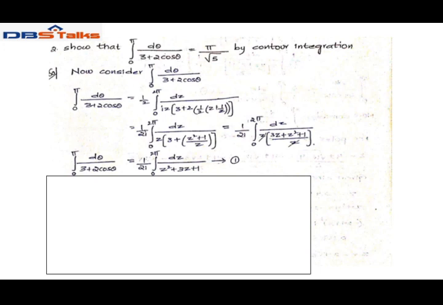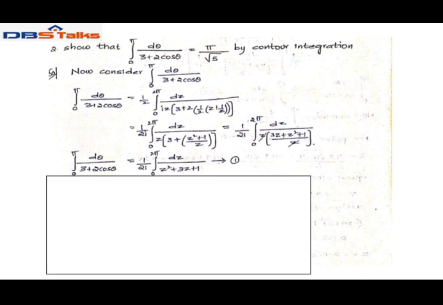The given limits are 0 to pi, but the type of the problem has limits 0 to 2 pi. That's why the given problem can be written as 1 by 2 integral 0 to 2 pi d theta by 3 plus 2 cos theta. Now substitute d theta is dz by iz and cos theta is 1 by 2 into z plus 1 by z.